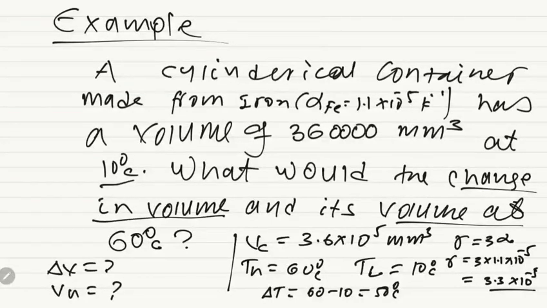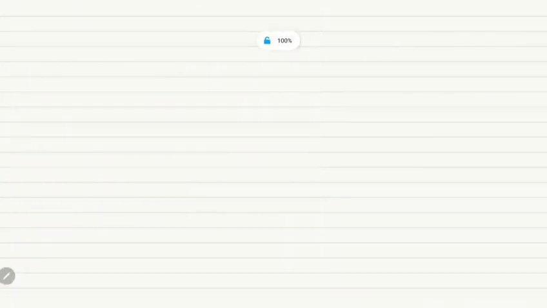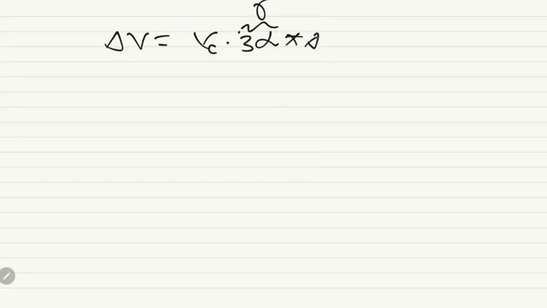Let's do this. The formula for the change in volume is the volume at the colder times 3 times alpha, which is gamma, times the change in temperature.